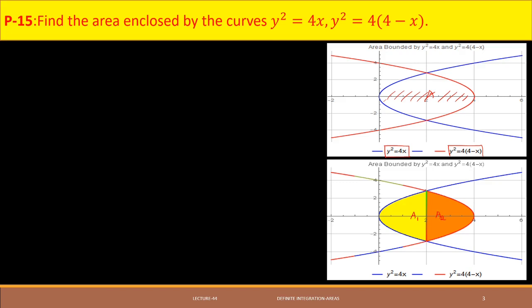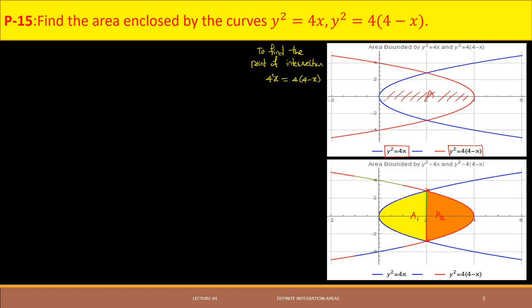Now we need to find the point of intersection. For that let me solve these two equations: y square is equal to 4x and y square is equal to 4 into 4 minus x.